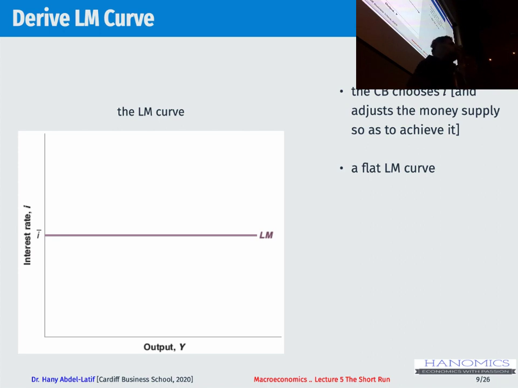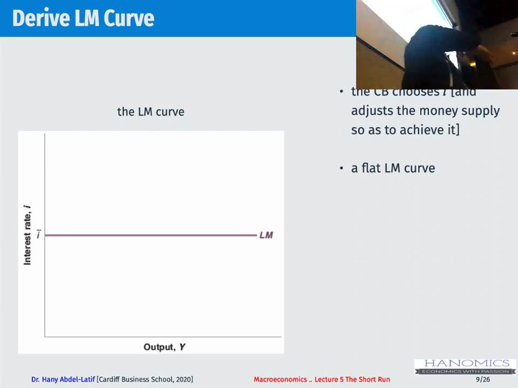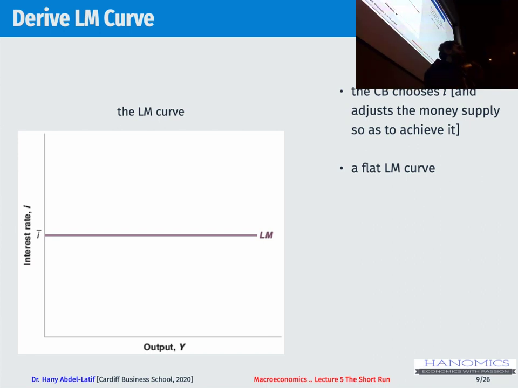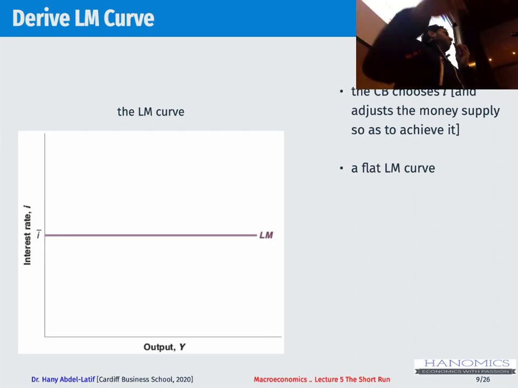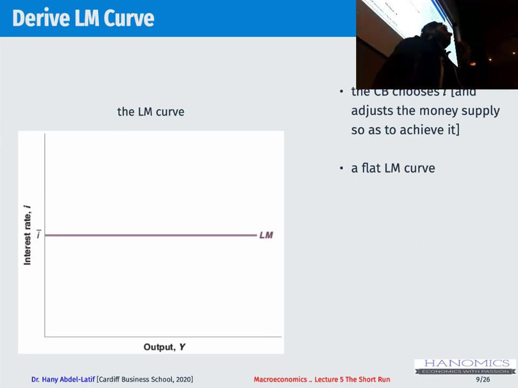So central banks choose the interest rate, which means here we have the same level of interest rate, whatever the output is, whatever Y is. So that would change: if the central bank chooses a higher level of interest rate, it would be above the current one, or if they choose a lower interest rate, it would be below that.